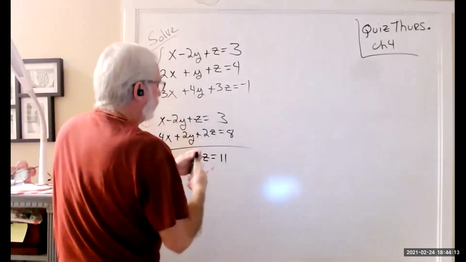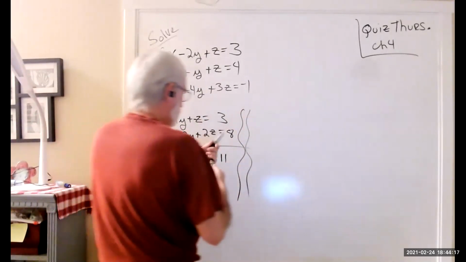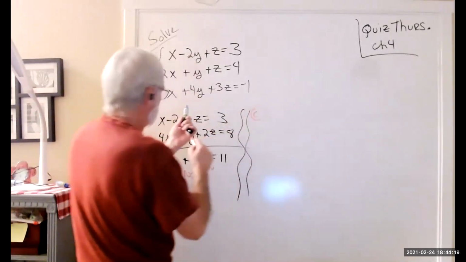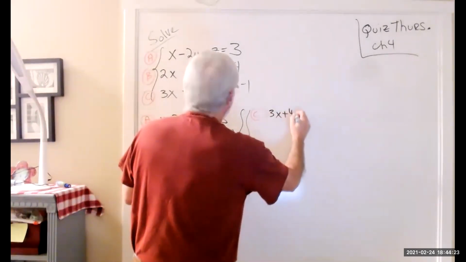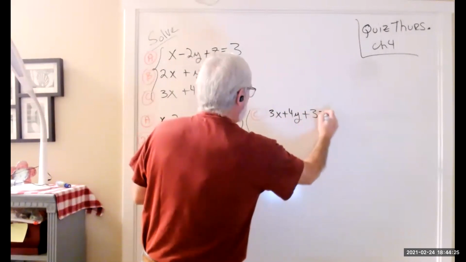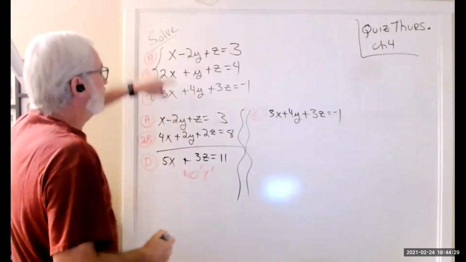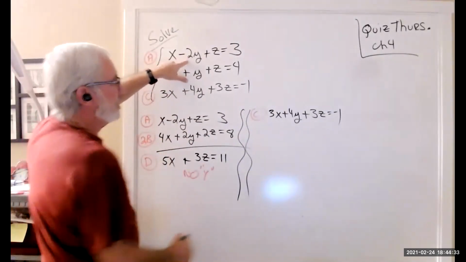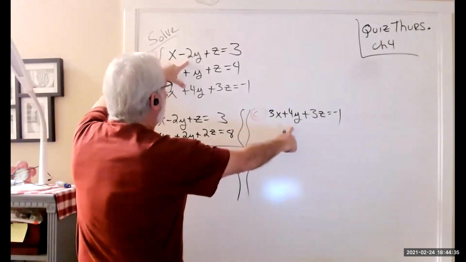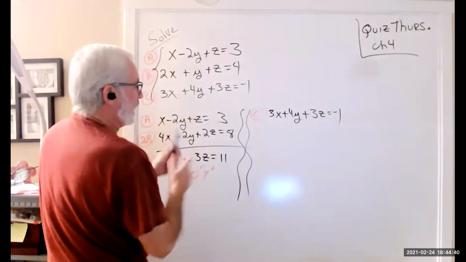And what I heard was, okay, take C, which was 3X plus 4Y plus 3Z equals -1. That's C. And that's already negative, but if we double it, we'll have -4Y and they'll drop out. So we're going to do 2A.